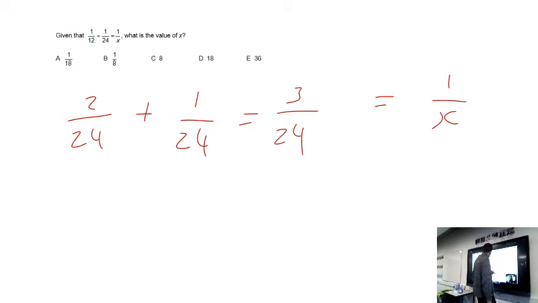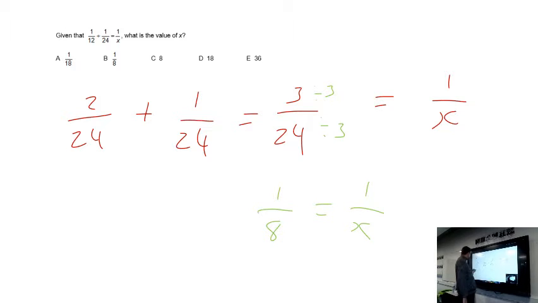If we simplify these fractions, we divide everything by 3, we get 1 over 8 is equal to 1 over x. And we can compare the denominators, so x is equal to 8.